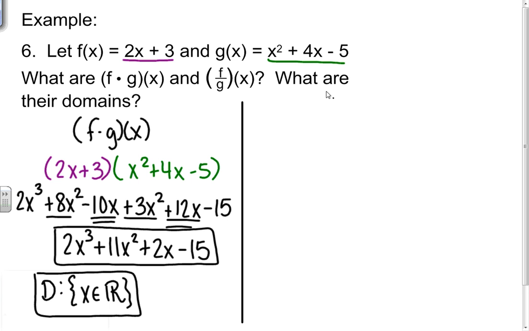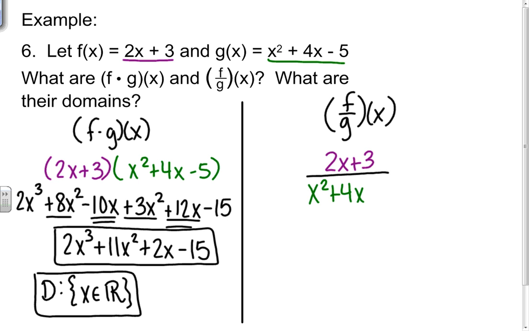The other side, I'm doing f divided by g of x, which means on the top is f, which is 2x plus 3. And on the bottom is g, which is x squared plus 4x plus 5. You have to double check to see if you factored the denominator, would it cancel with anybody up top? So I'm going to take a second and do that in orange, because I'm going to need to do that anyway for my domain.